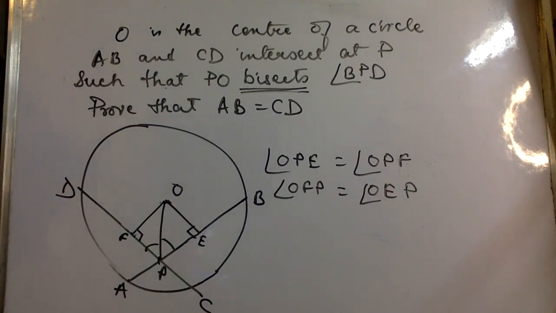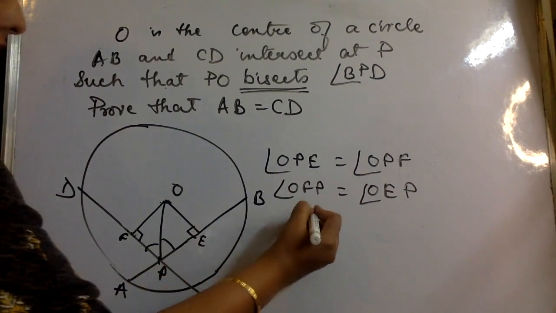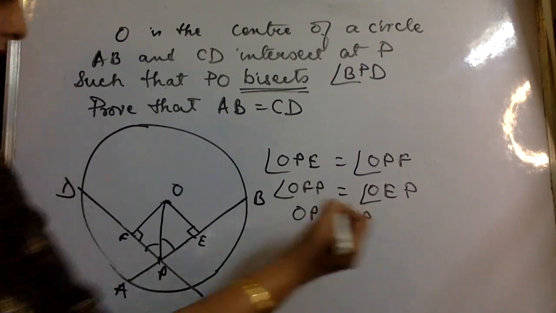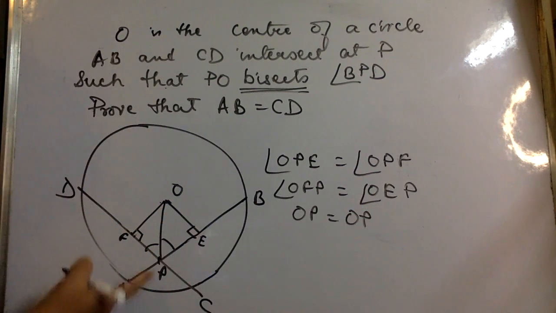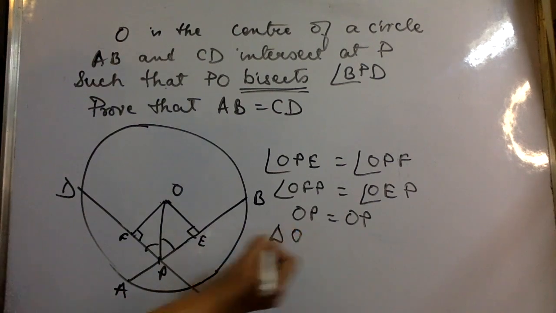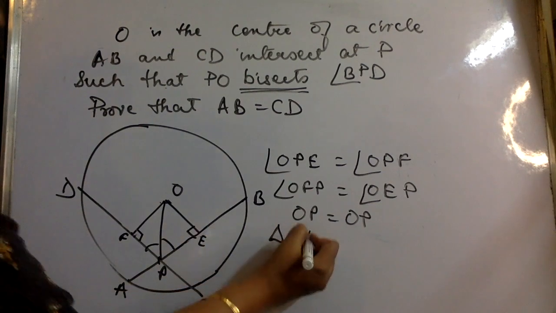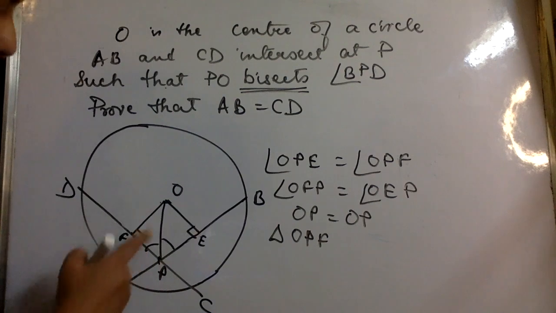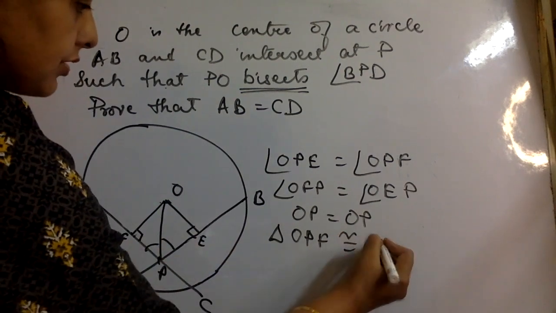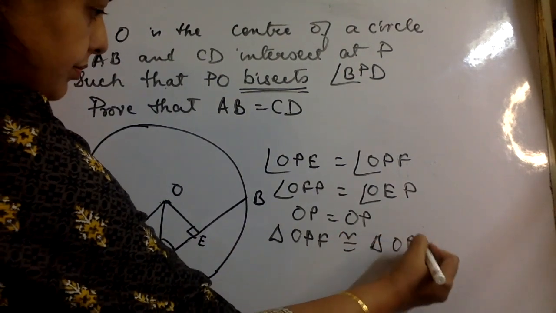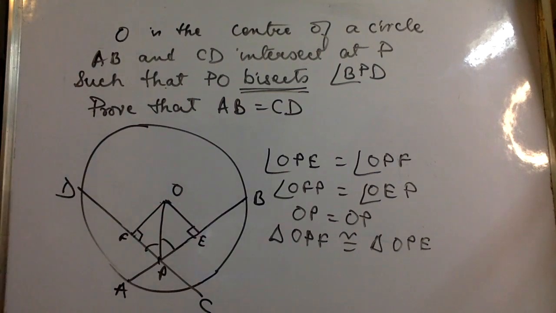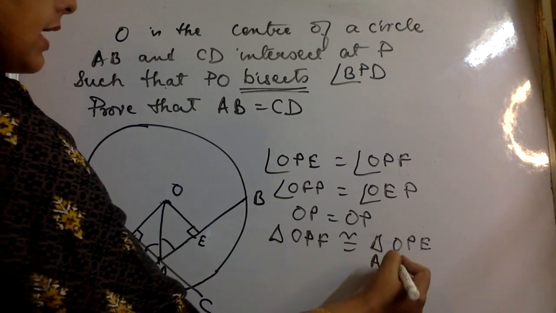And OP is equal to OP; this is the common side. Therefore, triangle OPF is congruent to triangle OPE. By which postulate is it congruent? It is congruent by angle-angle-side.